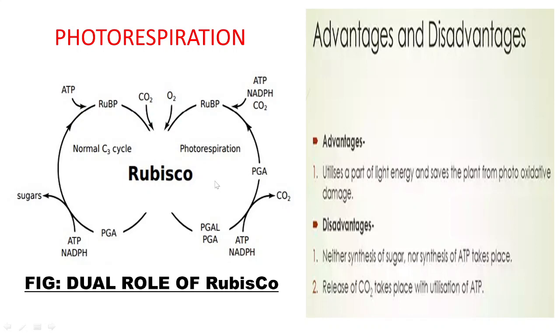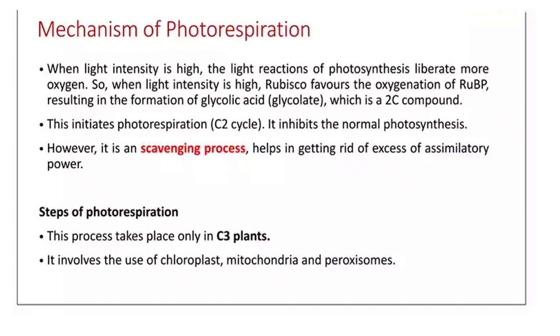That is why in due course of time, the plants have evolved to C4 plants, whereby they have separated the light reaction and dark reaction into different cells, as we just saw. In mesophyll cells only the light reaction takes place, so it never has the chance of coming in contact with Rubisco, which is present only in bundle sheath cells. So thereby photorespiration is totally prevented.